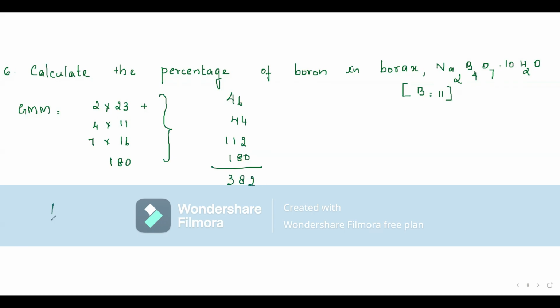Percentage of boron. So, percentage of boron in borax is equal to weight of boron in borax into 100 by GMM of borax.